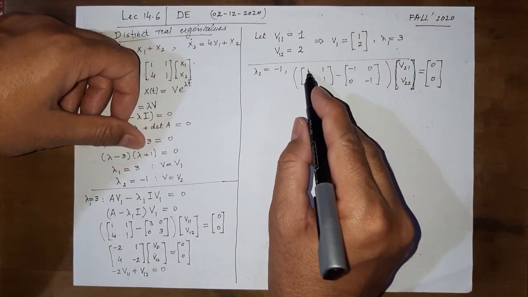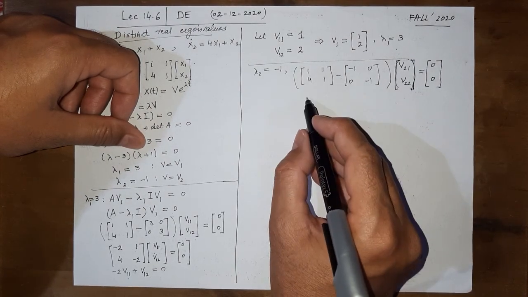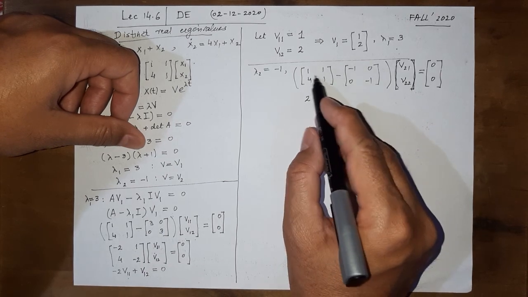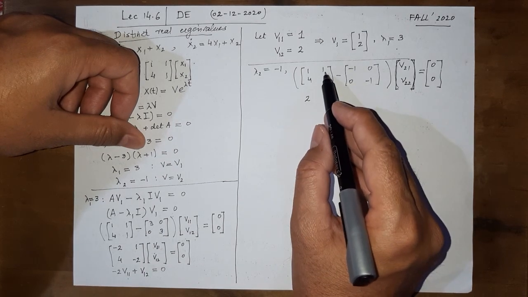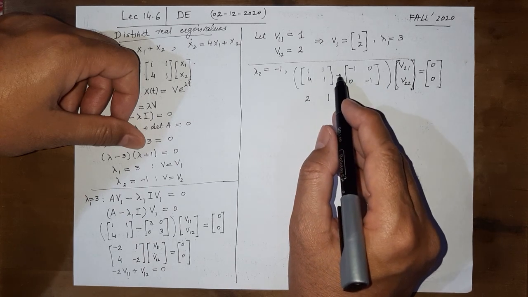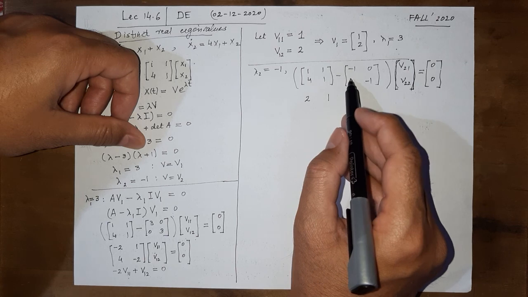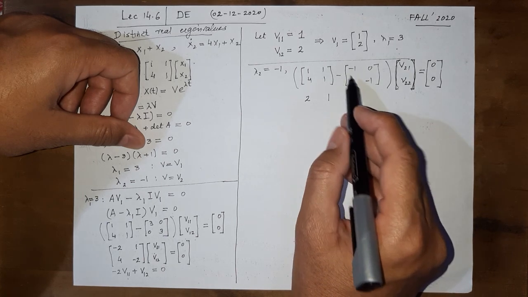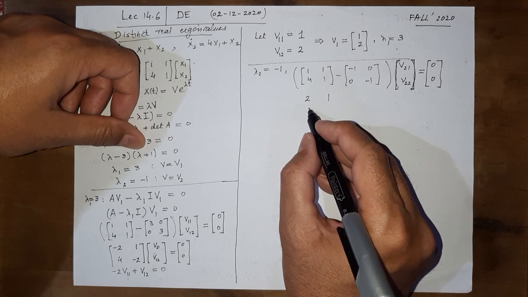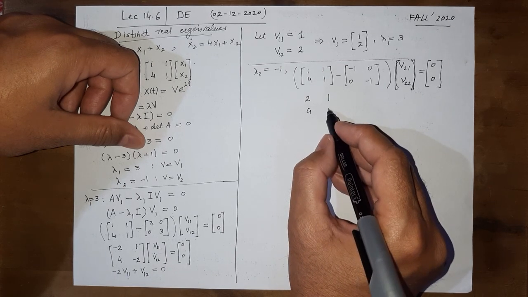So we are going to get 1 plus 1, that is 2, 1 minus 0, that is 1, and 4 plus 0, sorry, 4 minus 0, that is 4, and 1 plus 1, that is 2.